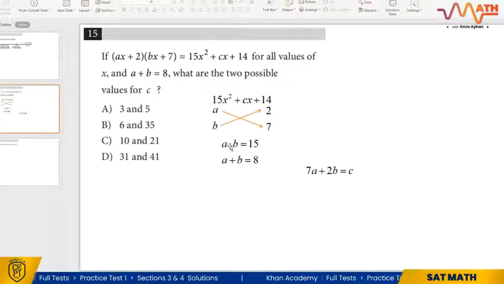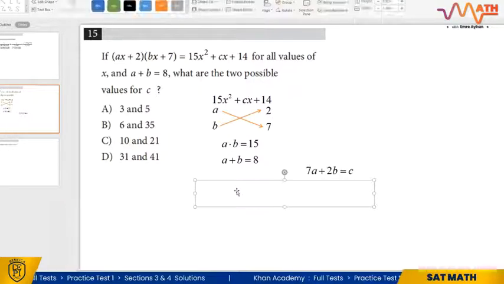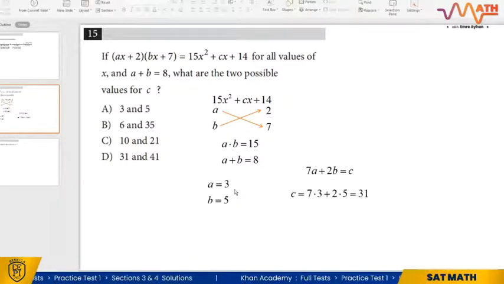So here we have some possibilities we will consider. Since A times B is 15, A can be 3 and B can be 5, because the sum of them is 8. It fits this system of equations. A is 3, B is 5.